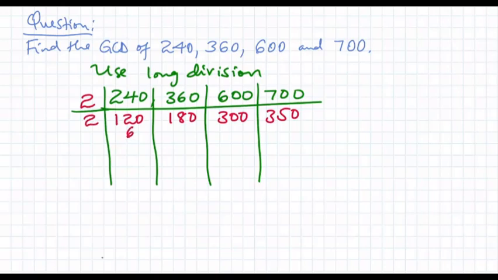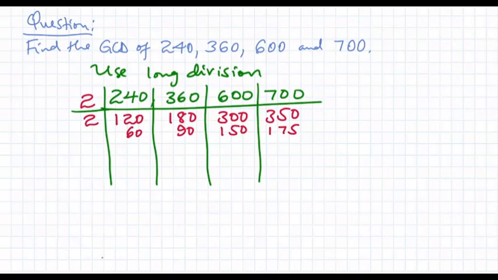So dividing by 2, I get 60, 90, 150, 175. If I look at this, 175 cannot be divided by 2. So we try the next prime number, which is 3.